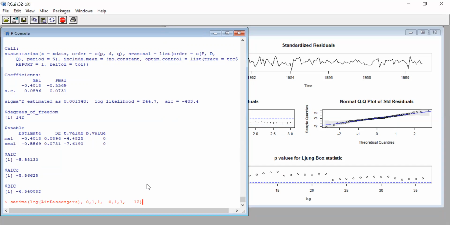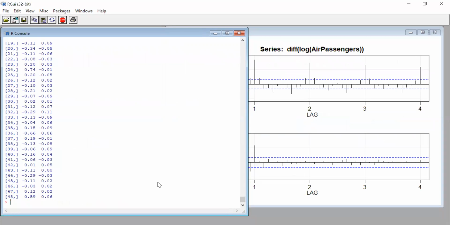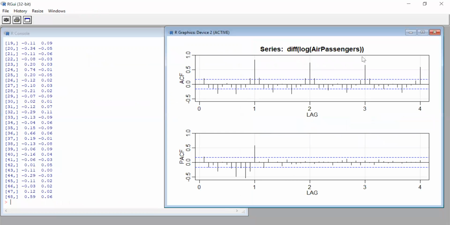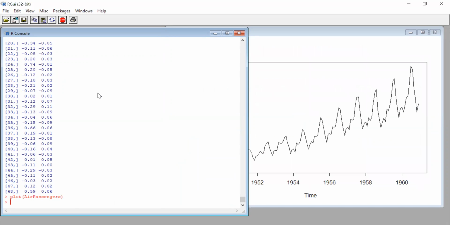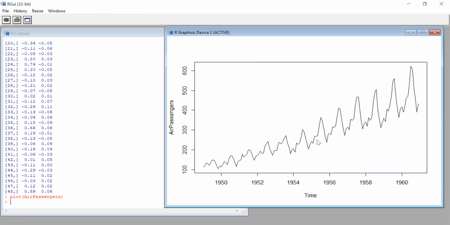Okay. So I can suggest to you, at first you just plot it with only simple transformations. With only the simple transformations, we can make the ACF and PACF, and you can see the seasonalities. And also just plot the raw data, then you can even see the seasonality, right?